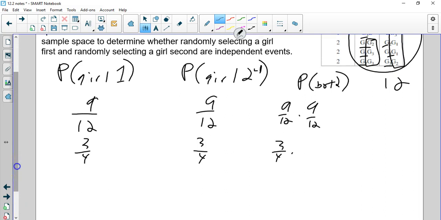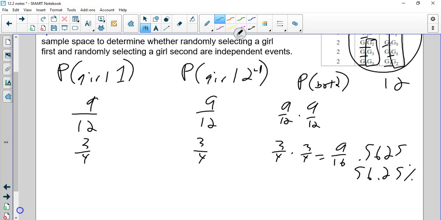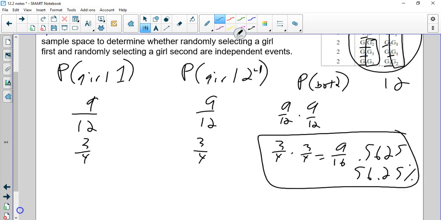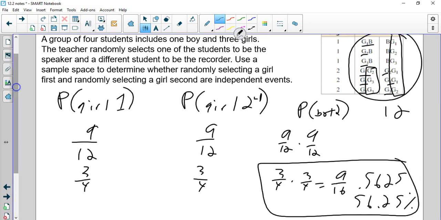So 3/4 times 3/4 is 9/16, which is 0.5625, or 56.25%. Now, that's what the number needs to be if they're independent. Let's see what it actually is on the chart.